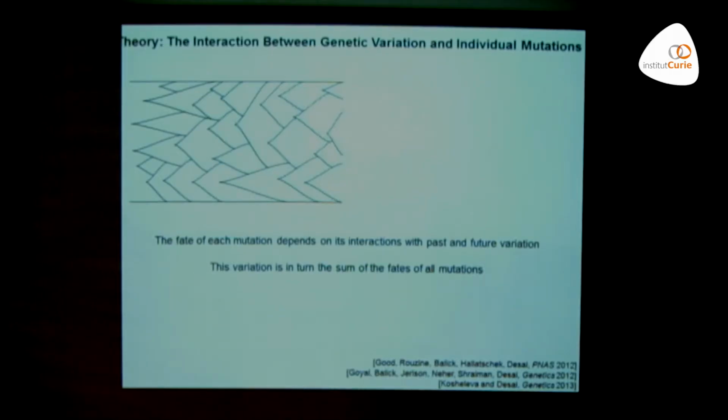Obviously I'm not going to talk about all the details of the theory, but I just want to give you a flavor of how we try to model this kind of thing. The idea is we have some complicated thing going on, all these different mutations that are present. What we are observing is the fate of individual mutations.